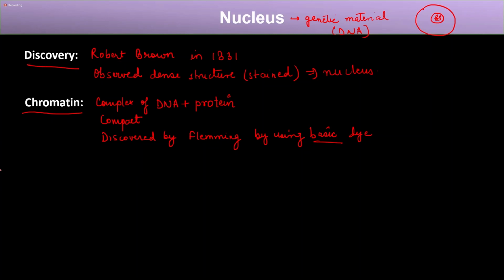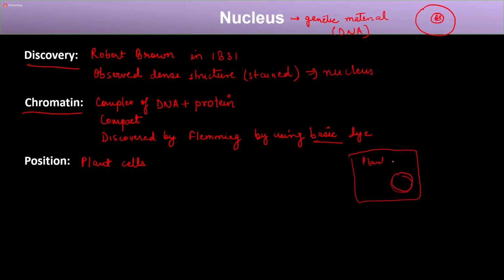Okay. Now, if we talk about the position of the nucleus in different cells, according to the cells, the position of the nucleus varies. In the case of plant cells, suppose you have a plant cell. In that case, the nucleus is present at the periphery, somewhere on the side.